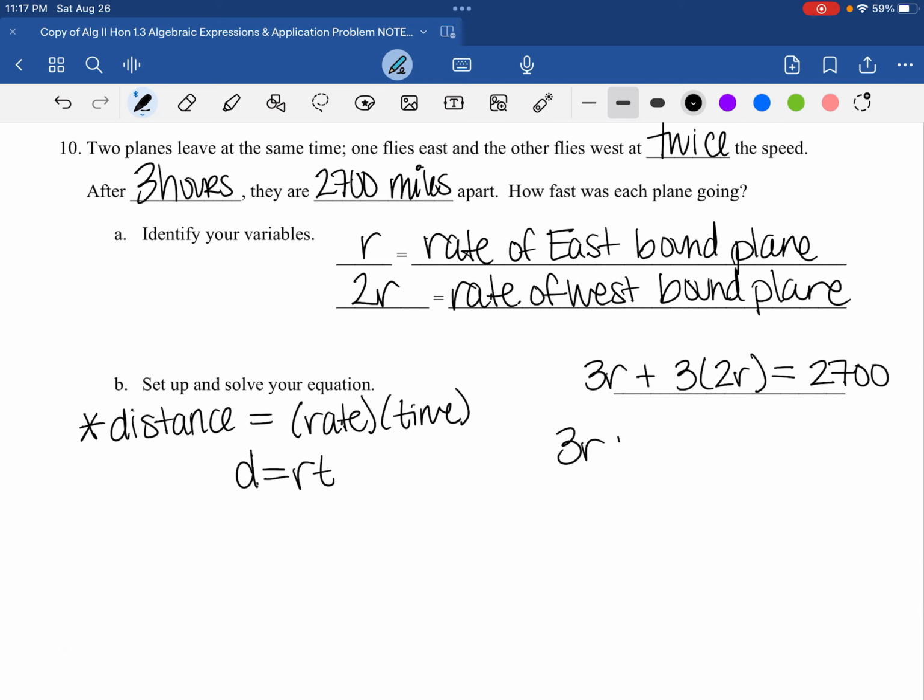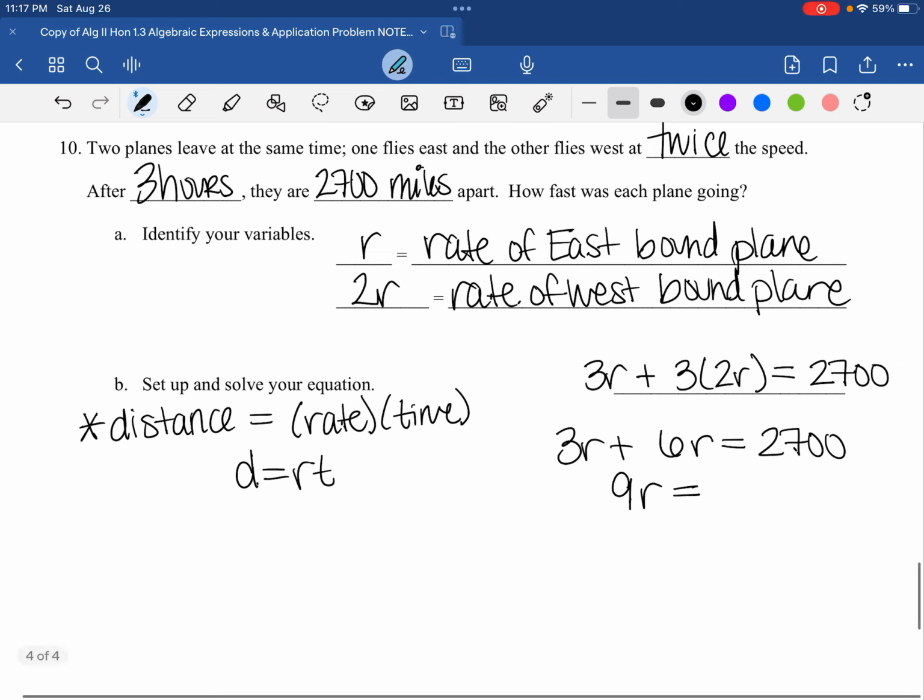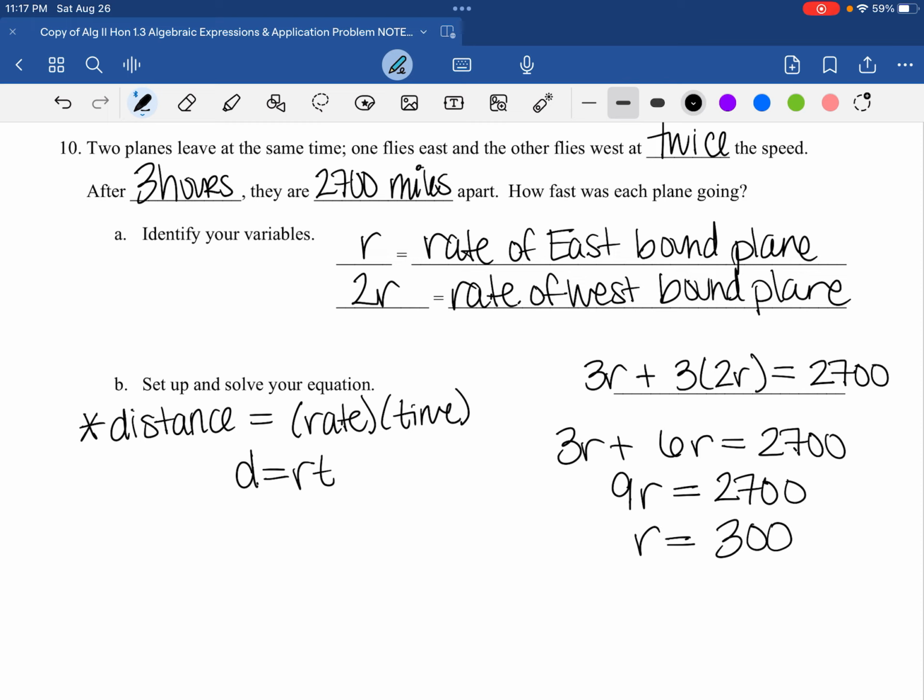So when we combine like terms or distribute, we get 3R plus 6R, which then combining like terms gets 9R. And when you divide by 9, you get a rate of 300.